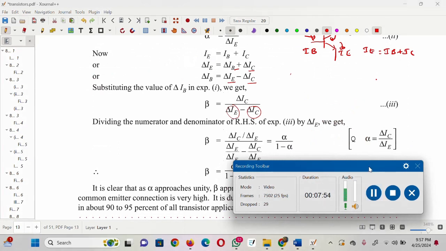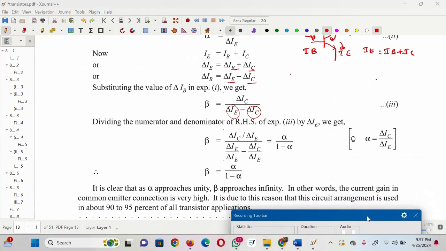So based on that we get the beta value, and also alpha and gamma. Here we are going to consider only beta and alpha. What is the relation between beta and alpha? Based on that, del IC over del IE minus del IC is the beta value.